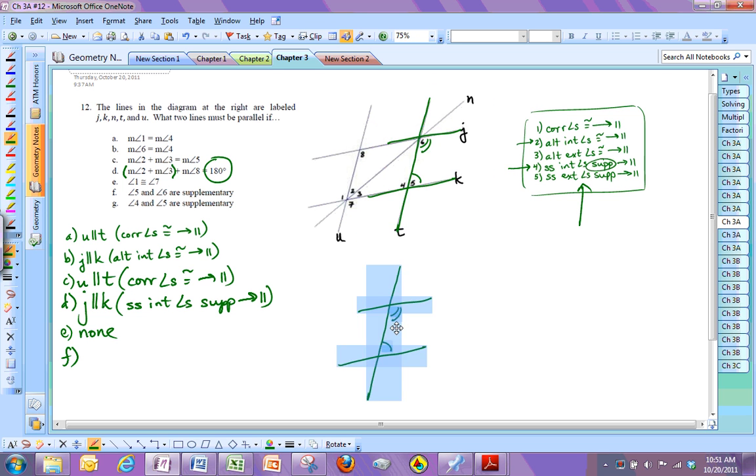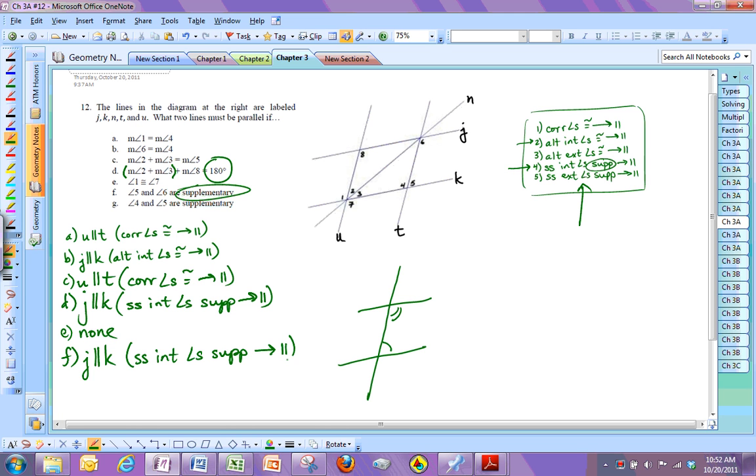If I move this to the side, they're same side interior, and they're supplementary. So it's reason 4 here again. So I've got J is parallel to K because same side interior angles that are supplementary give me parallel lines.